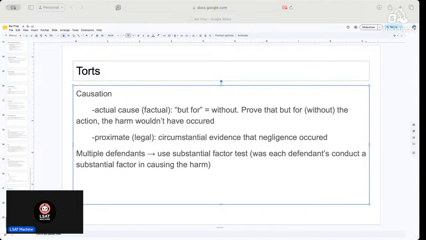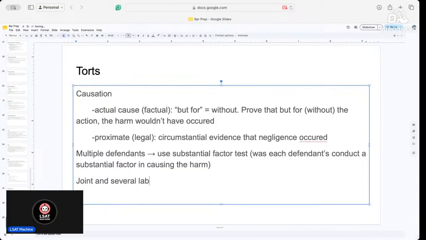Okay. What is joint and several liability? All right. So, joint and several liability. I'm kind of confused why they have us learn this because it's eliminated in most places.